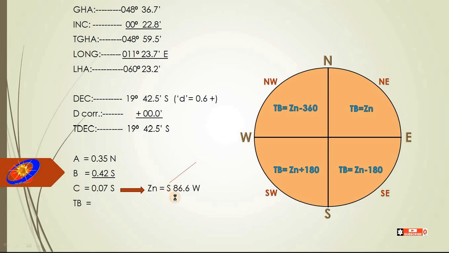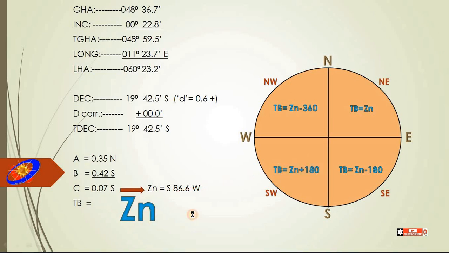Because we have south here, we have west here, we are here, southwest. And so, we're gonna use this formula. True bearing is equal to Zn plus 180. Here it is.